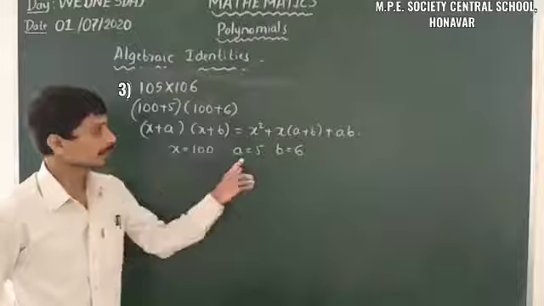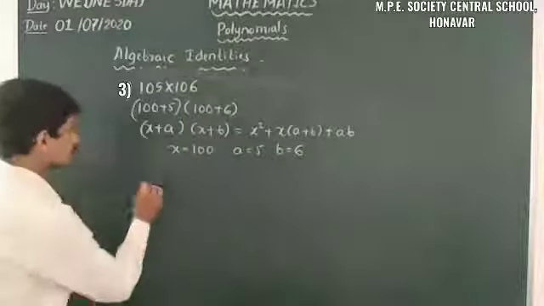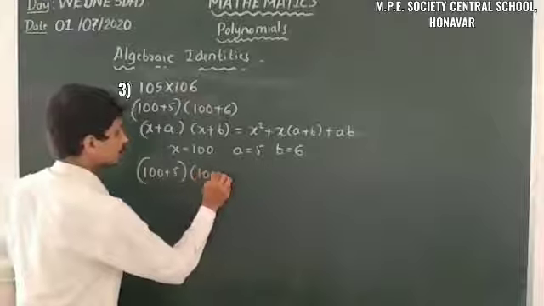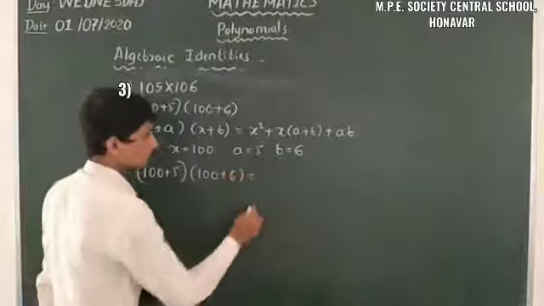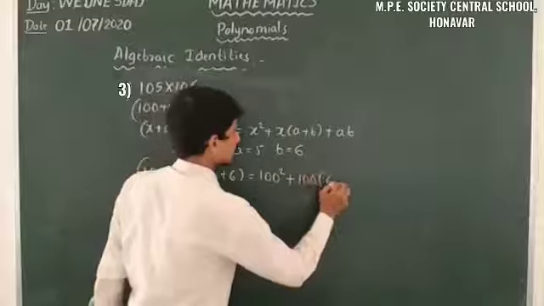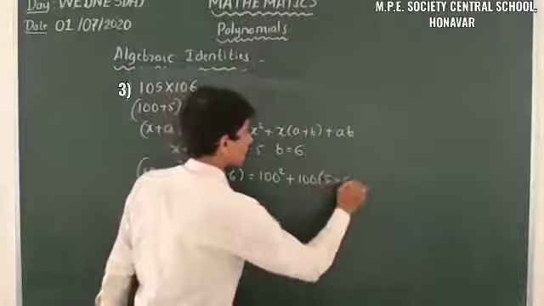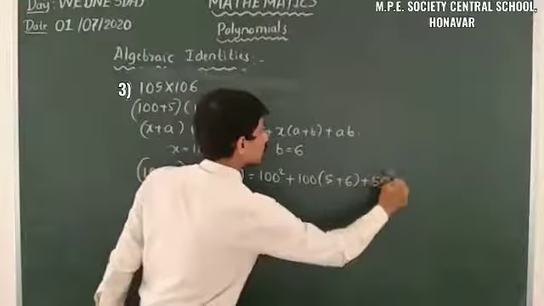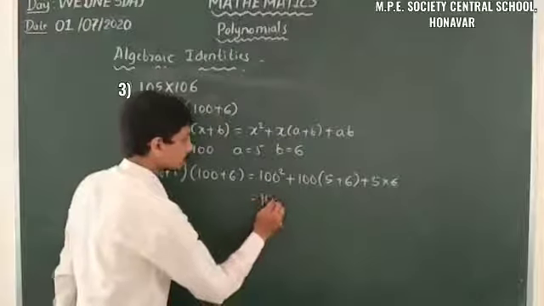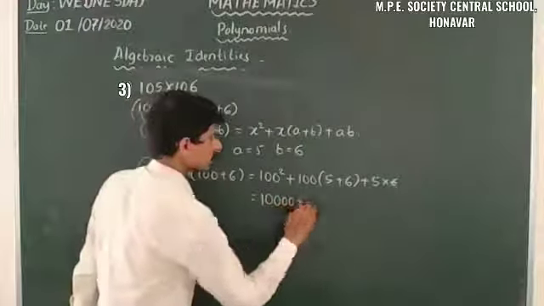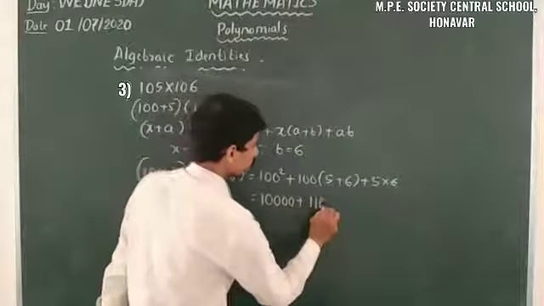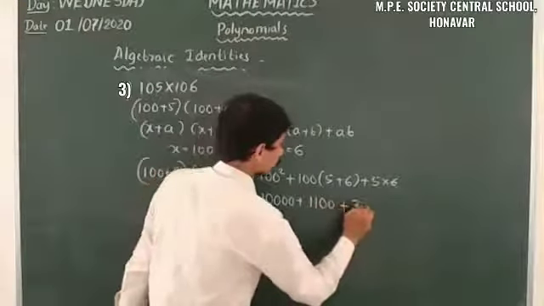Let us substitute the values of x, a and b here. (100 + 5)(100 + 6) = 100² + 100(5 + 6) + 5 × 6. So 100 squared means 10,000, plus 11 into 100, which is 1100, plus 30.